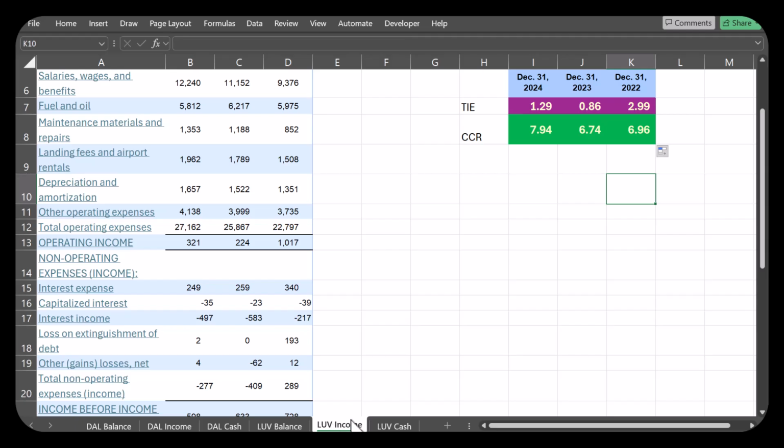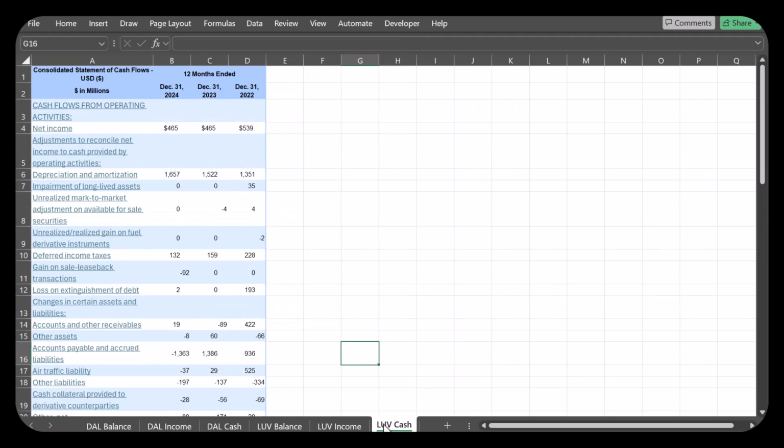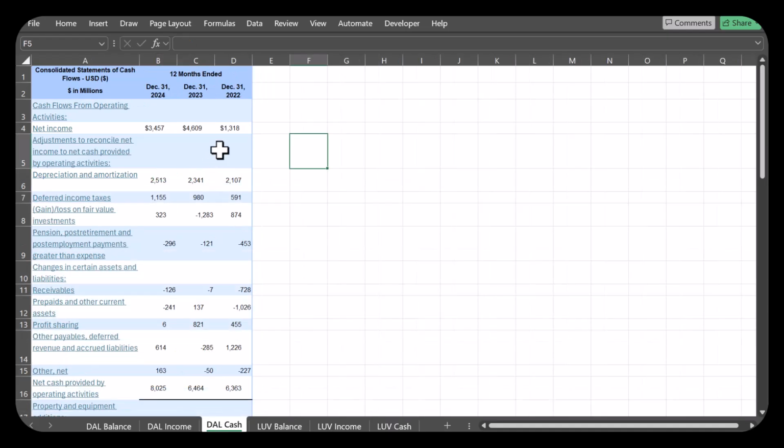And one of the reasons is that they have relatively higher depreciation and amortization compared to Delta, but Delta balance sheets are much bigger.